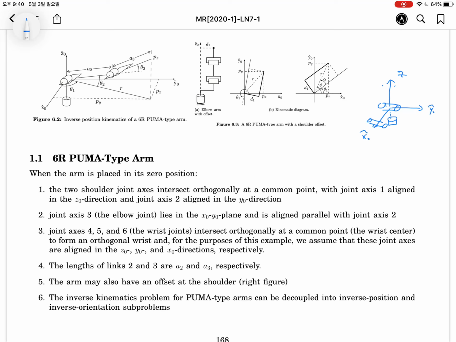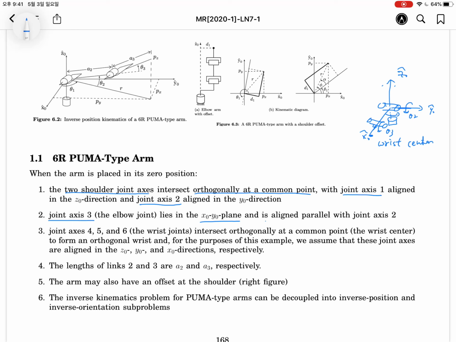So this is the x0, y0, and z0. Like this is the wrist center. The wrist center has 3 orthogonal joint axes. So the 2 shoulder joint axes intersect orthogonally at a common point, with joint axis 1 aligned with Z, and joint axis 2 aligned with Y. This is theta 2, and this is theta 3.